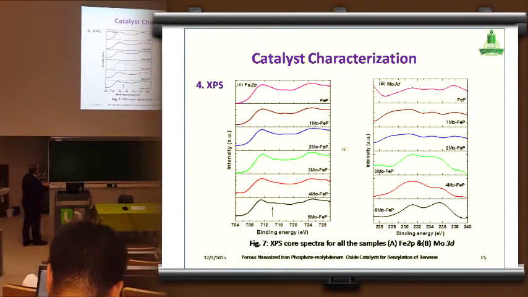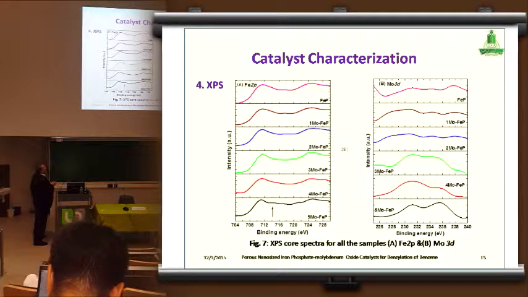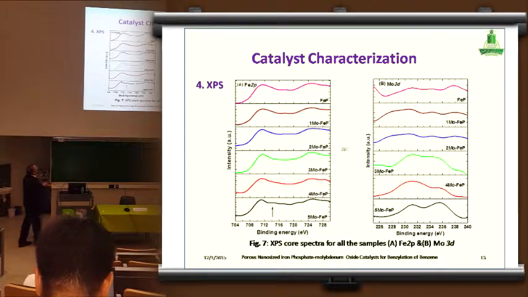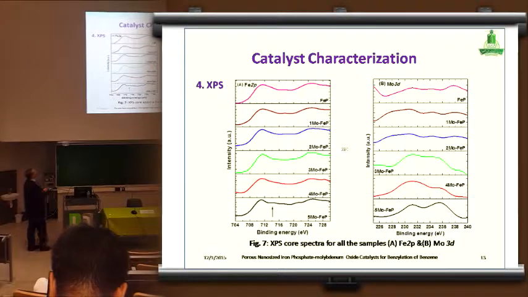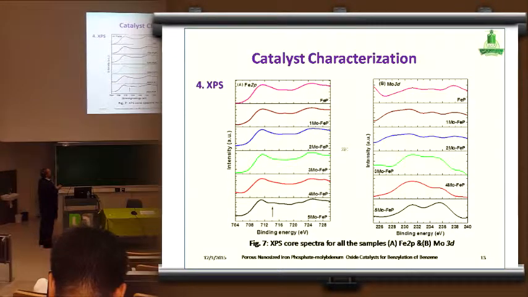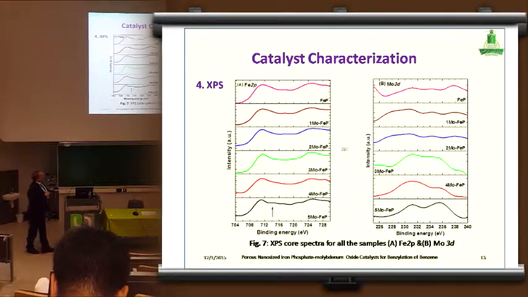There are possibly different oxidation states, or different environments around the oxidation state of iron 3, which is present. But here we can see there is a change, especially at 4 molybdenum as well as at 5 molybdenum and phosphate.